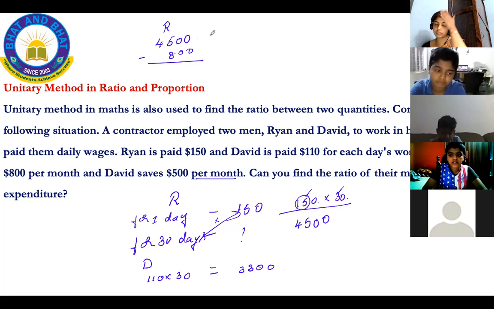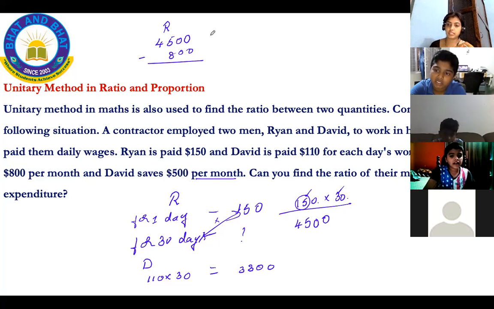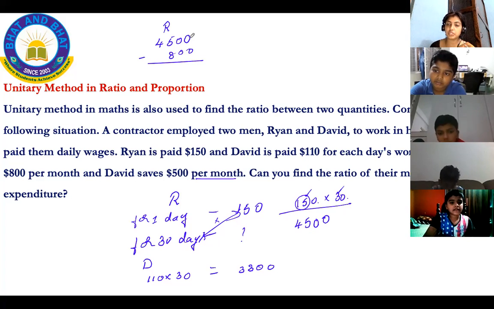Listen. See, Ryan got 4,500 per month, correct? In 1 month, he got 4,500 salary. In that, what did he do? He saved 800 rupees. Means how much did he spend? 3,700. So if you subtract these two, you will get how much he spent, correct?